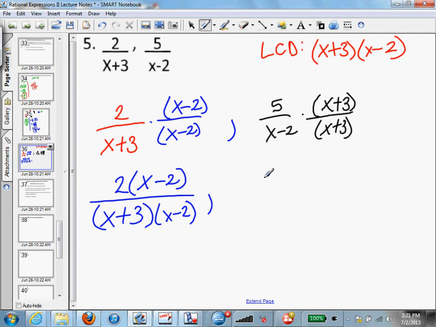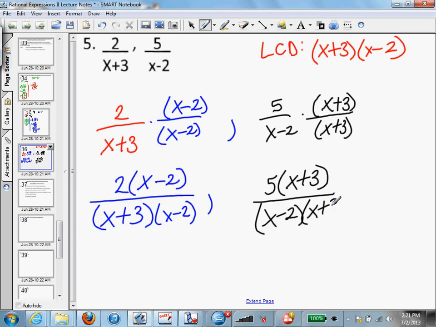And that's going to leave us with, on top, 5 times the quantity x plus 3 over x minus 2 times x plus 3. And if you look, we have our LCDs in both cases, so they check out, and that would give us the least common denominator for the polynomial rational expression.